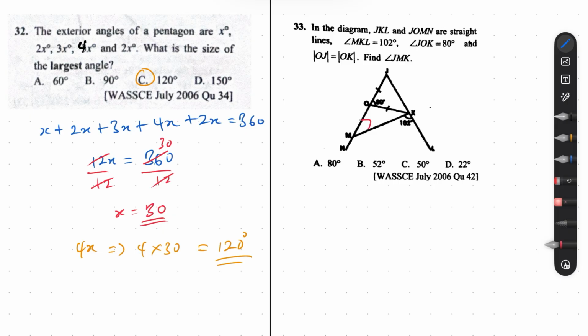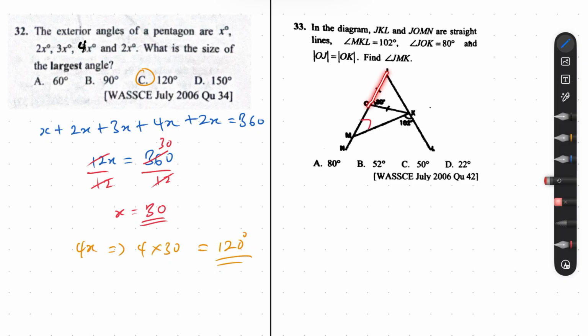Cool. So now how do we go about it? Looking at this diagram, you can see that these two lines form a triangle, and these two lines are the same. So if you have two lines having the same magnitude in a triangle, that triangle is an isosceles triangle, and in an isosceles triangle, we have two angles that are equal to each other.